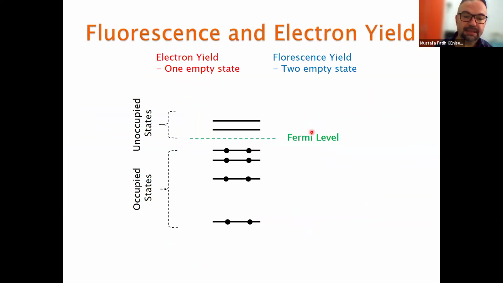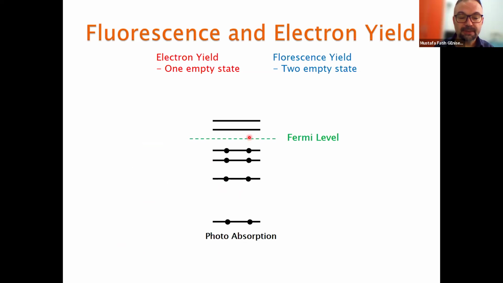So let's look at what's going on inside the material when it interacts with the soft X-ray. Here you see some orbitals. The dots are representing the electrons. The occupied states are the core shell electrons, and there are unoccupied states above the Fermi level.